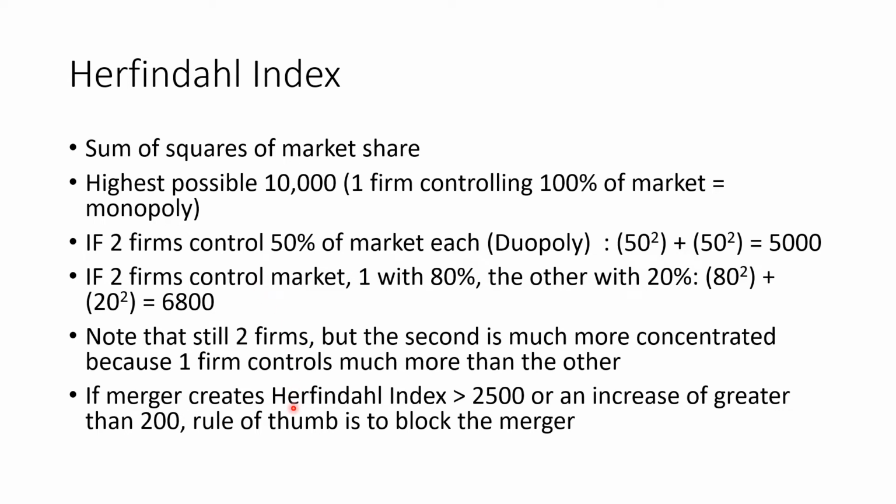The way that Congress deals with this is if a merger creates a Herfindahl index of greater than 2,500, or the merger creates an increase in the index of greater than 200, the rule of thumb is to block the merger. This is why originally, when United Airlines and US Airways went into bankruptcy, back in 2002, 2003, their first plan of operation was to merge, to try to create an economy of scale.